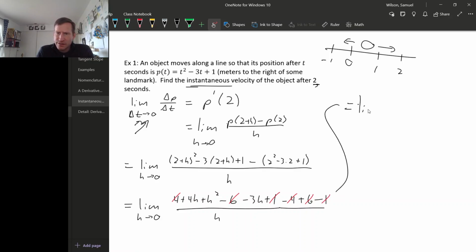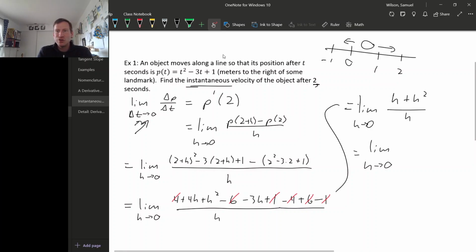So this is the limit as h goes to 0. The only terms left are 4h minus 3h, so that gives us h, and then plus h squared, all over h. And now we can simplify away a factor of h. By the way, it's a tempting algebra mistake to just cross those out and say the result is h squared, but that's not right.